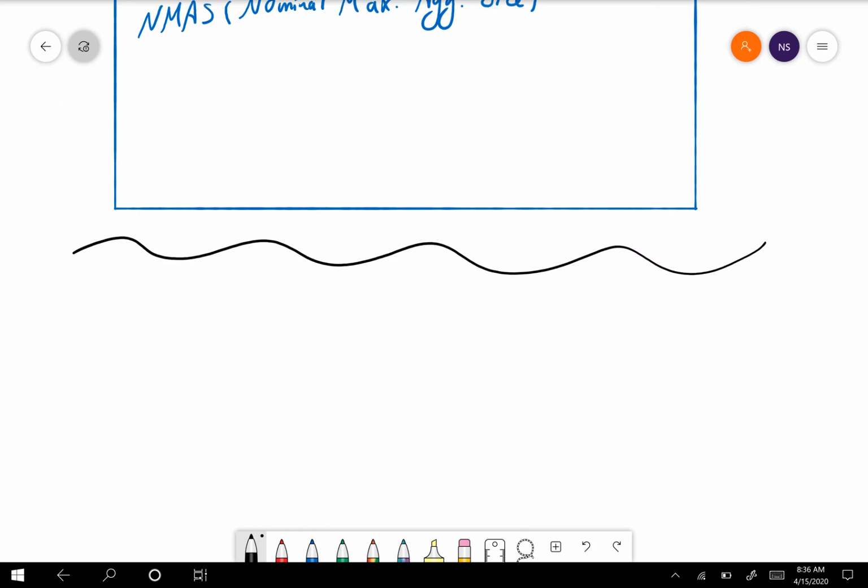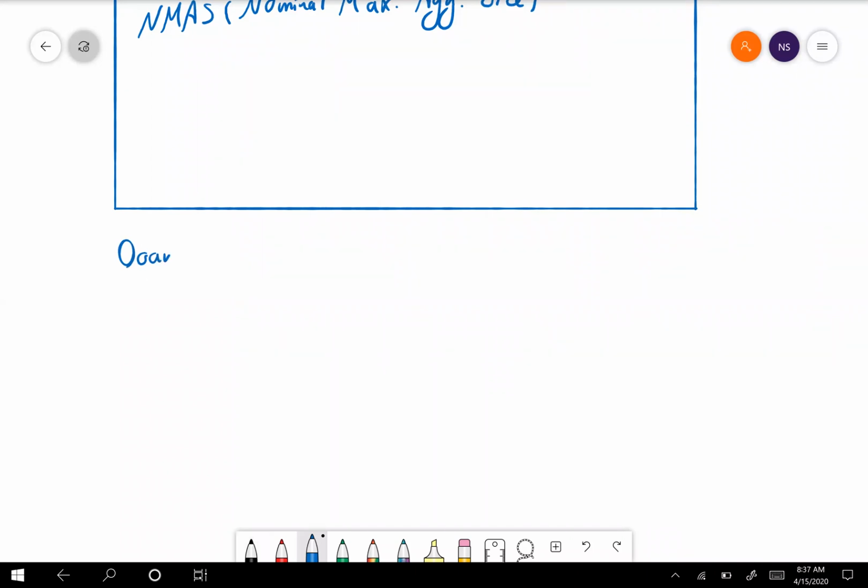Before we continue to the next step, there are two more things to consider: the coarse aggregate adjustments. The first one is if we consider the slump, which we're going to talk about later on.